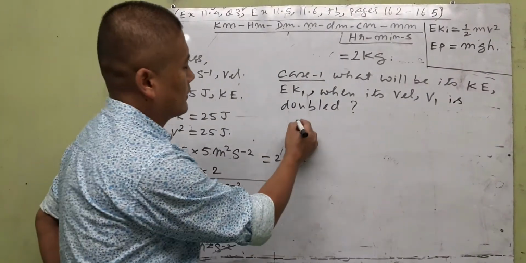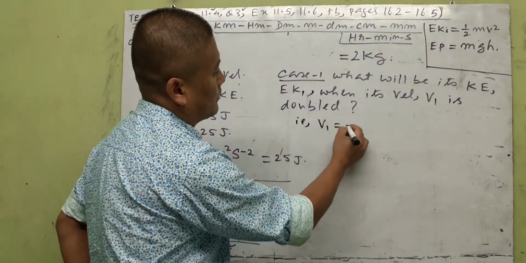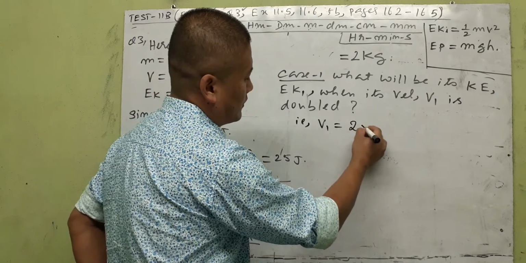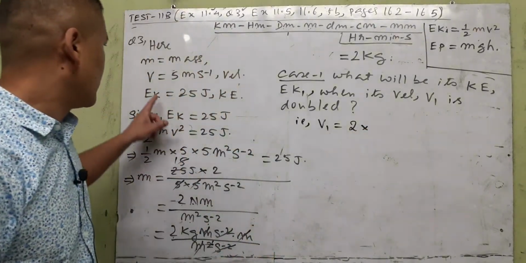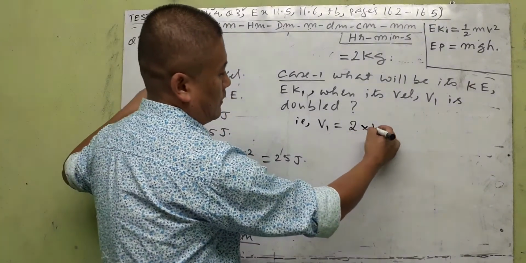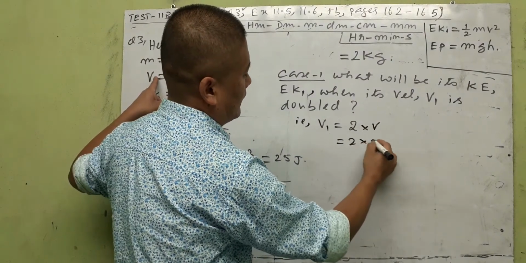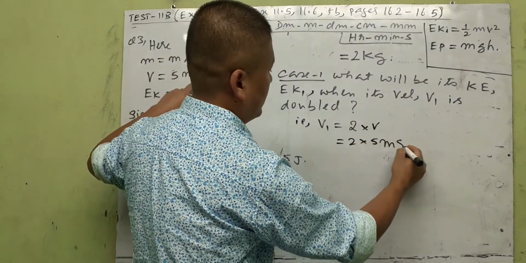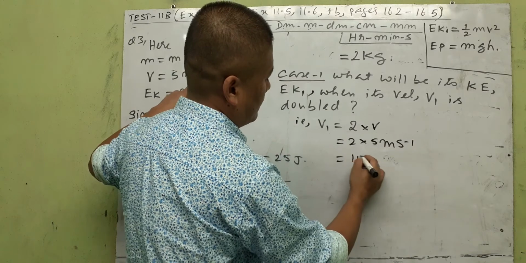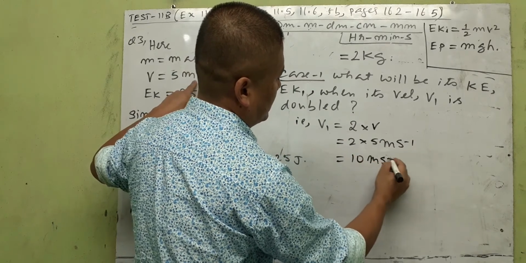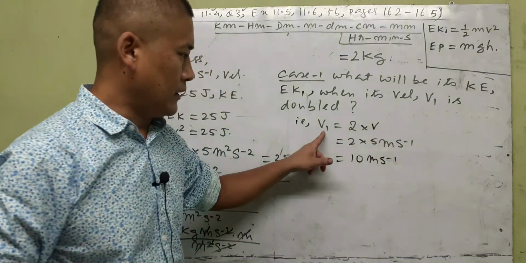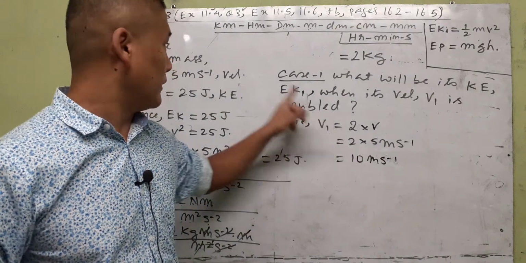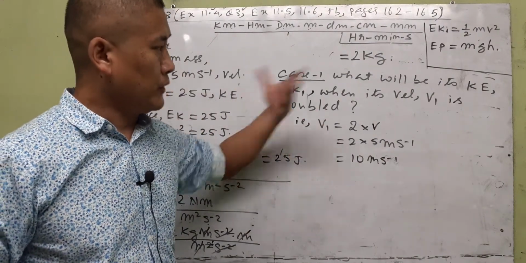So that is, in other words, this velocity is doubled means 2 times, 2 into original velocity v. So we can write here 2 into 5 meter per second. So 2 5s are 10 meter per second. So if its velocity is 10 meter per second, which is double of the original, what will be its kinetic energy?